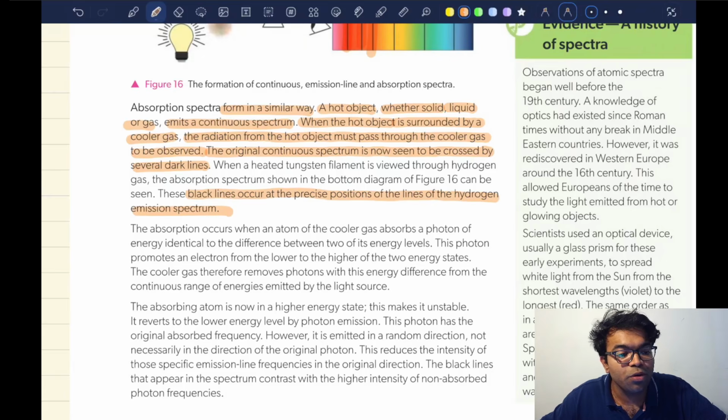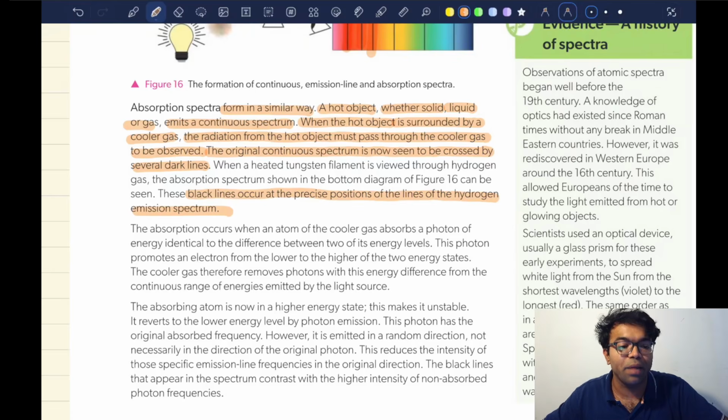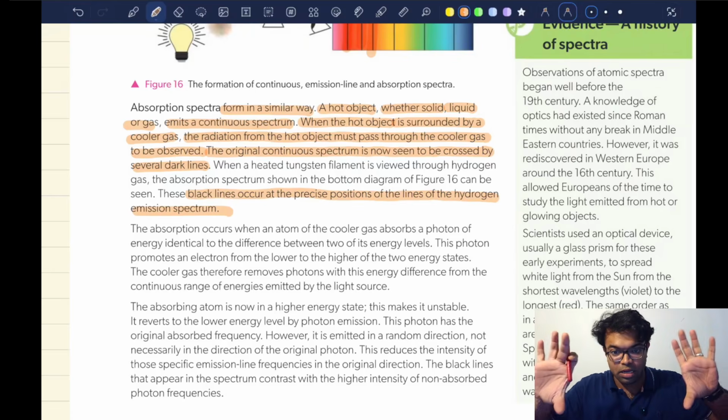Now, if you were to do this experiment in Bahrain, and if I were to do the same experiment in India, and we take a photograph of the spectrum that we have, yours and mine will be the exact same, because hydrogen in Bahrain and hydrogen here is the same. Okay, every single hydrogen atom would result in the formation of the same dark absorption spectrum bands.